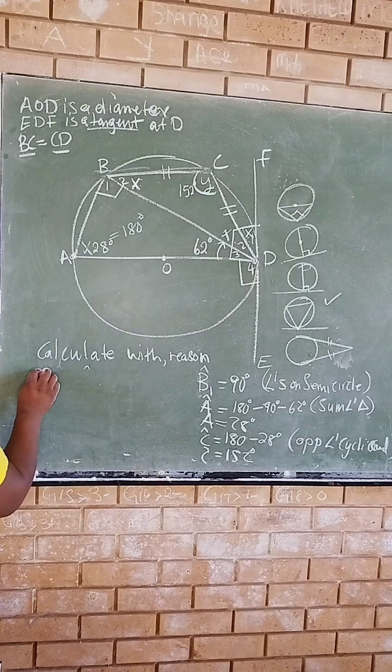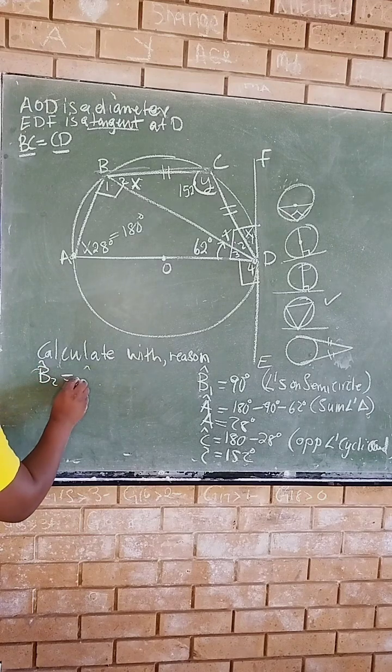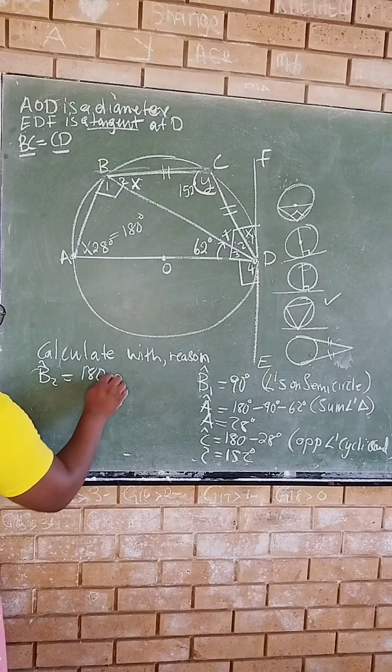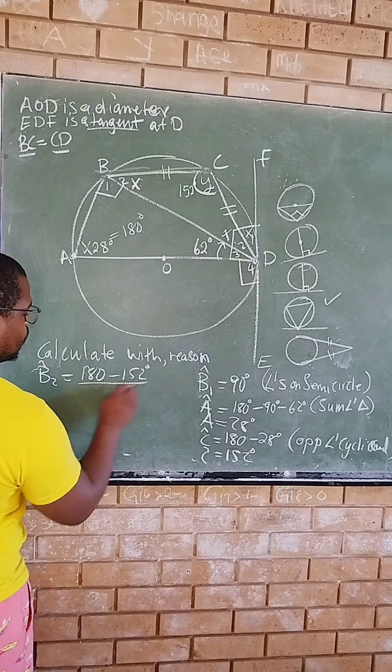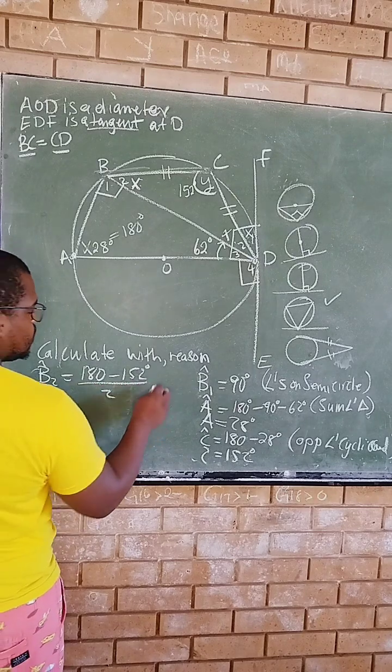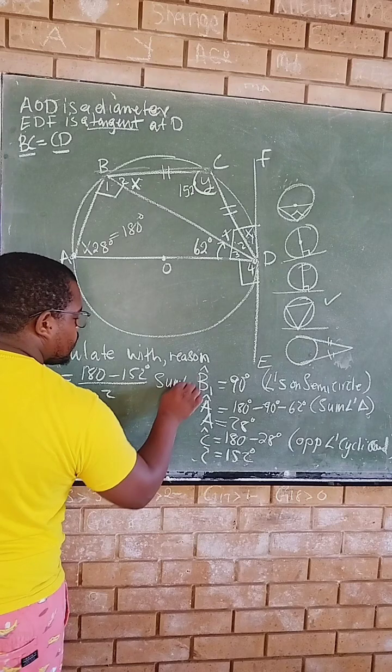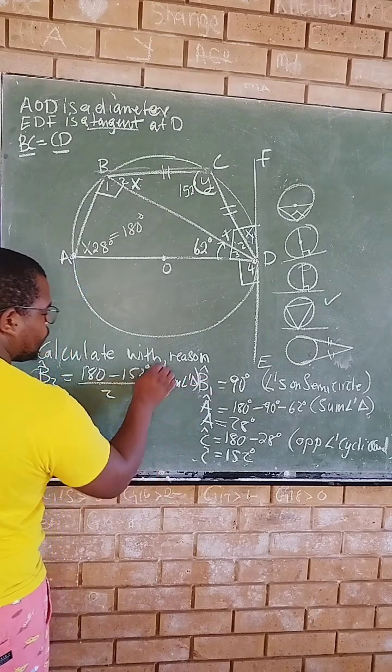Let's say B2 is equal to 180 degrees minus 152 degrees all over 2. Why do we say so? That is the sum of angles in a triangle, right?